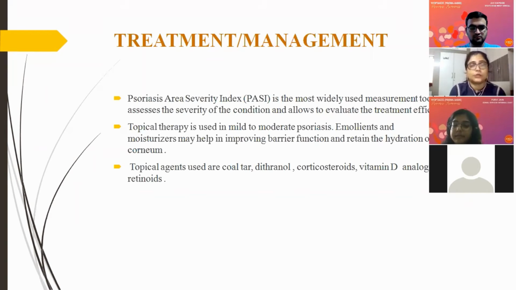Emollients and moisturizers may help in improving the barrier function and retain the hydration of the stratum corneum. So along with the topical agents, usually emollients are also prescribed, or we ask the persons to use emollients along with the topical agents. Topical agents used are coal tar, dithranol, corticosteroids, vitamin D analogs, and retinoids.